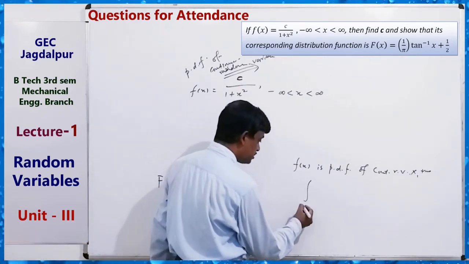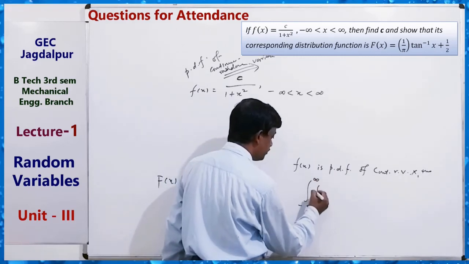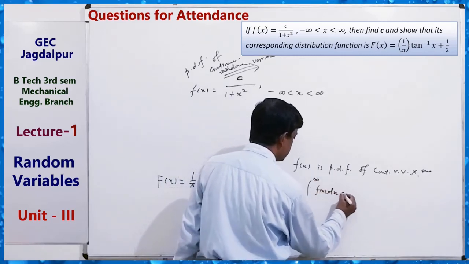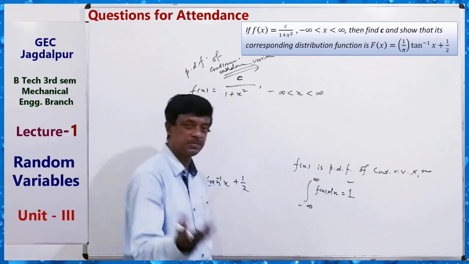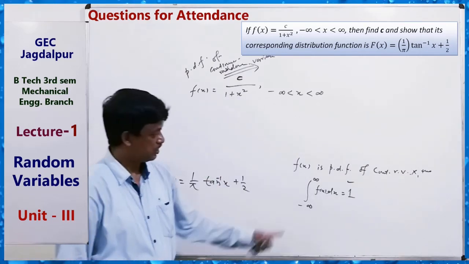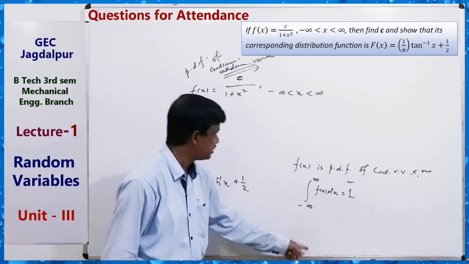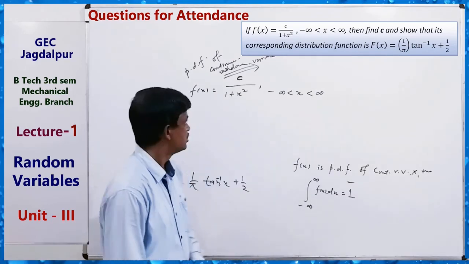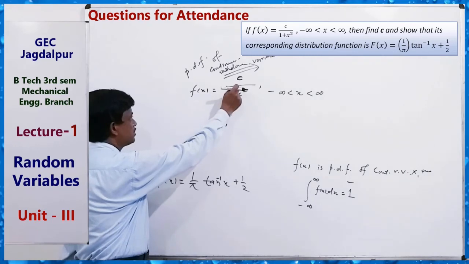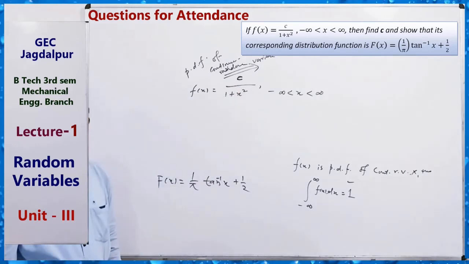And another property is what? Integral from minus infinity to infinity of f(x) dx equals 1. In place of summation, here it is integration. So this equals 1. So by taking this condition, minus infinity to infinity, we can solve it. Clear?